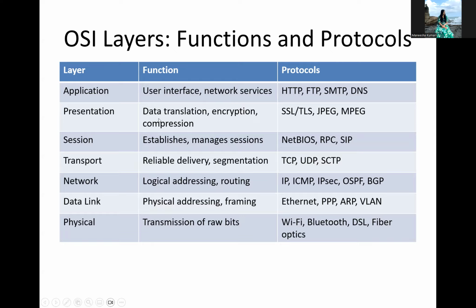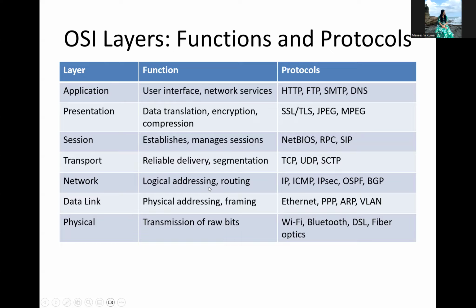Presentation layer is used for data translation, encryption, compression, and the examples are SSL, TLS, JPEG, MPEG. Session layer is used for establishing connections and managing sessions: NetBIOS, RPC, SIP. Transport layer is used for reliable delivery and segmentation. Examples are TCP, UDP, SCTP.